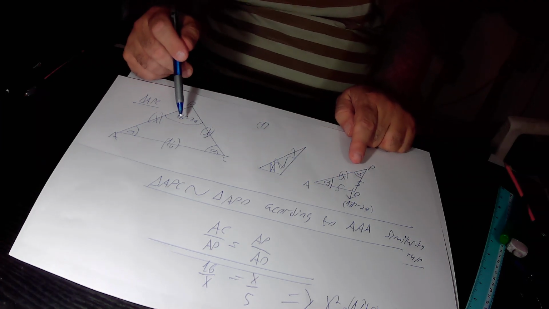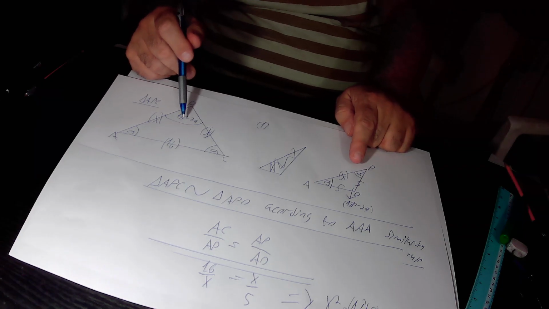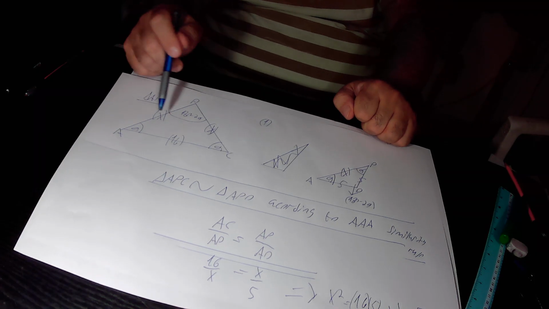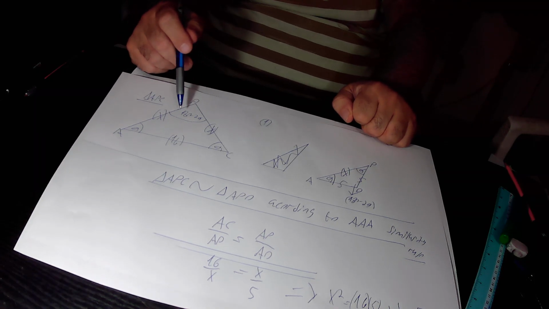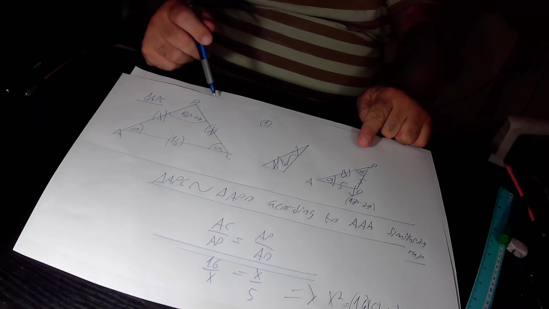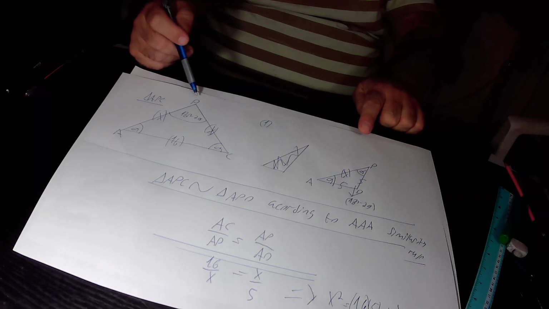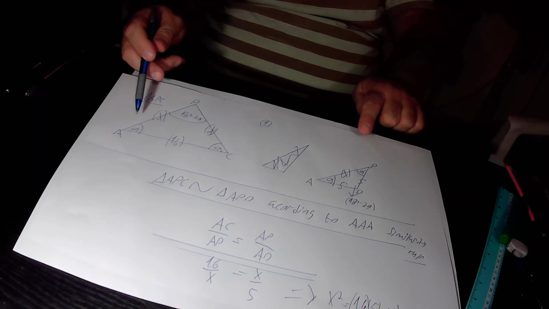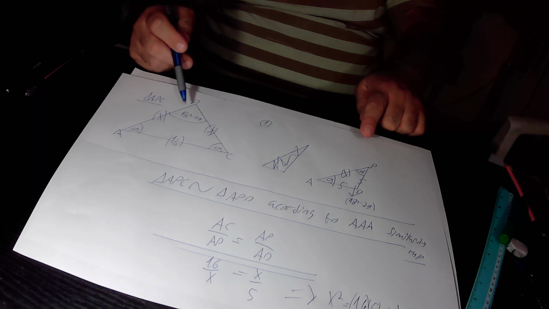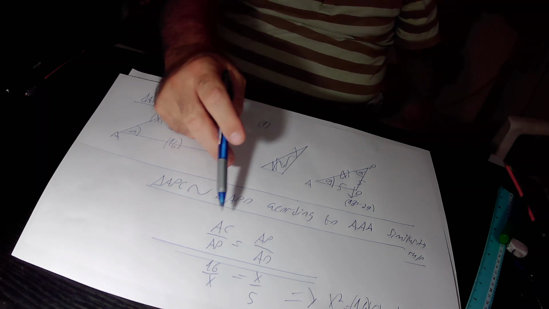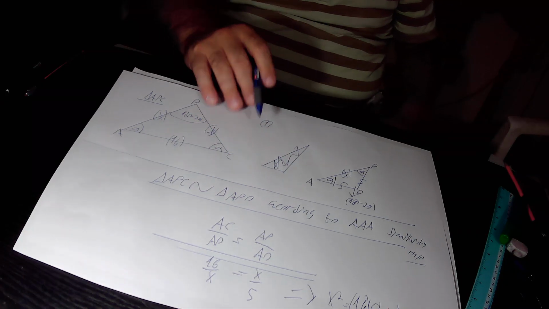And from the fact that those two triangles are similar to each other, we derive the following relationship between their sides. Side AC of the big triangle APC over side AP of the small triangle APO is equal to side AP of the big triangle APC over side AO of the small triangle APO. So AC over AP equals AP over AO.